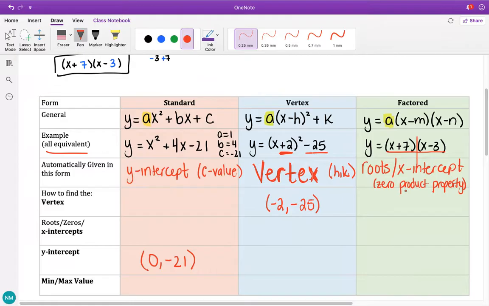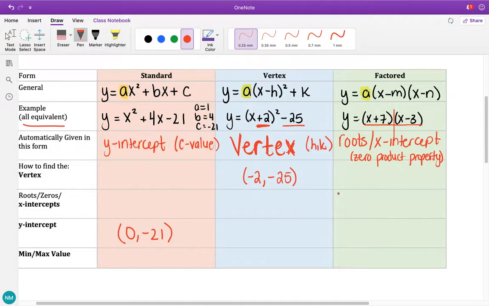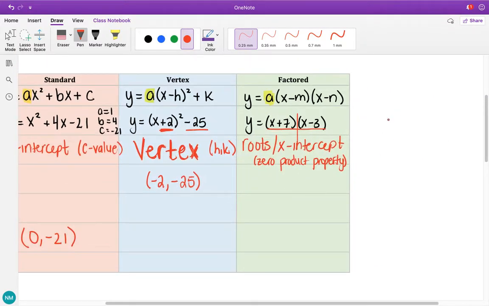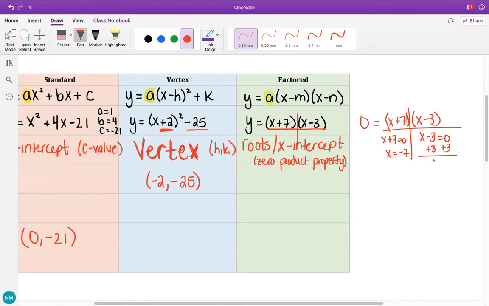And then my roots here are going to be, and I'll go to the side over here and do the solving. So I have x plus 7 and x minus 3, and I set it equal to 0. So it's x plus 7 equals 0, so x equals negative 7, and x minus 3 equals 0. I add 3 to both sides, and I get x equals 3.